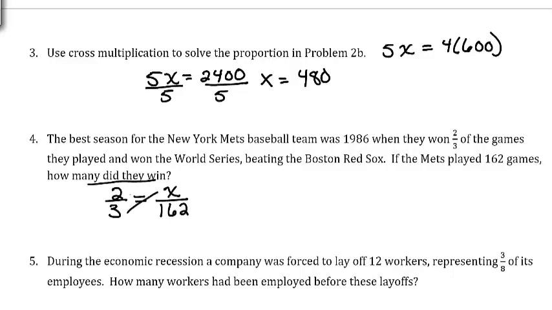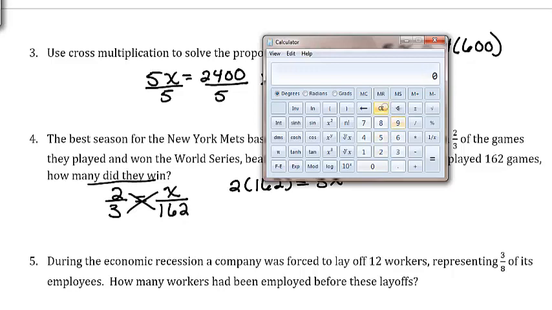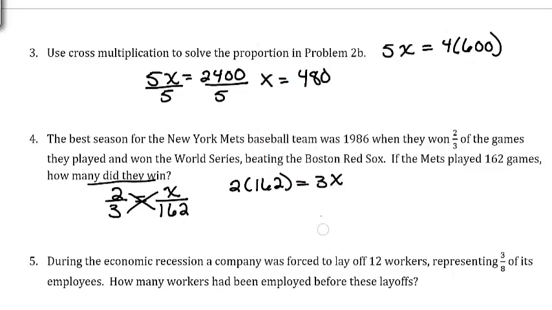To solve this, we're going to cross multiply. So we're going to have 2 times 162 is equal to 3x. 2 times 162 gives us 324, and that's equal to 3x. Now we're going to divide both sides by 3.